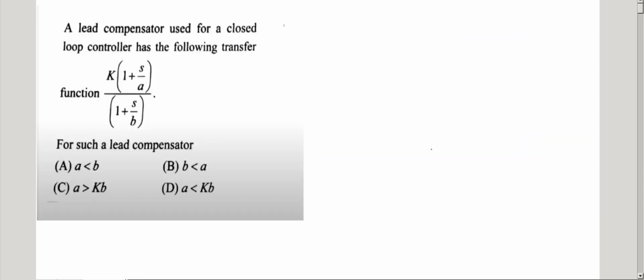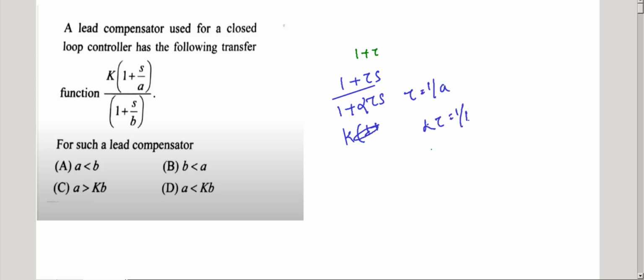So the next question is about a lead compensator used for a loop controller. We know the standard form is 1 plus tau s by 1 plus alpha tau s. So bring it to that form: k into (1 plus a s) by (1 plus b s), tau equal to 1 by a, alpha tau equal to 1 by b.